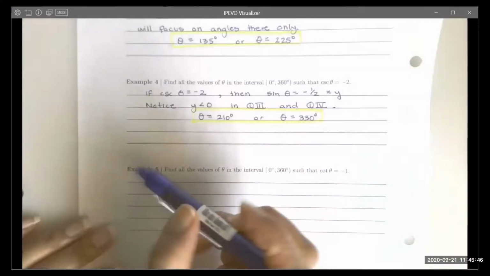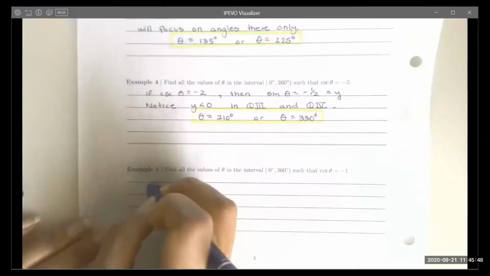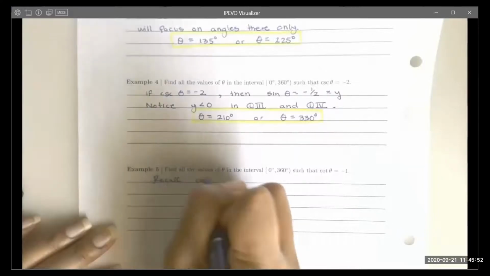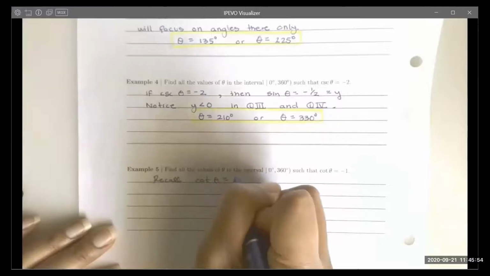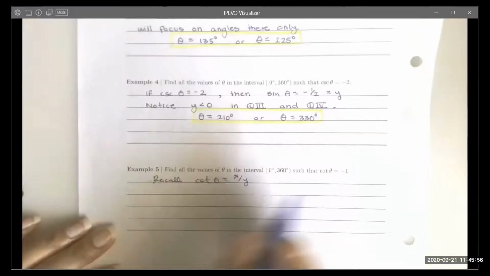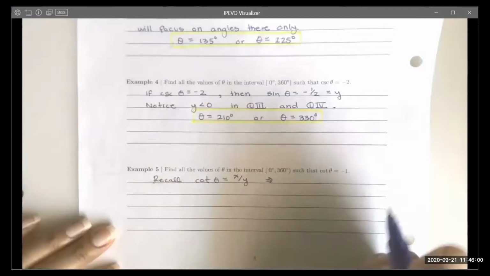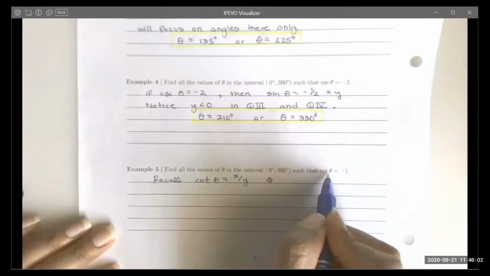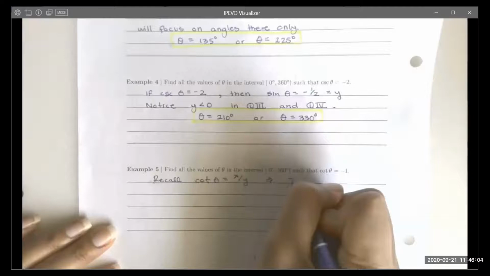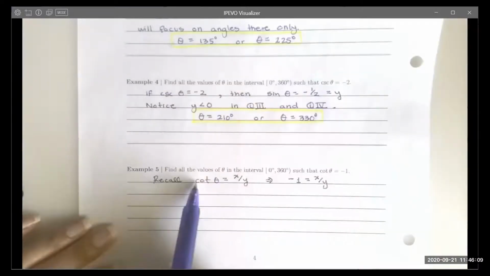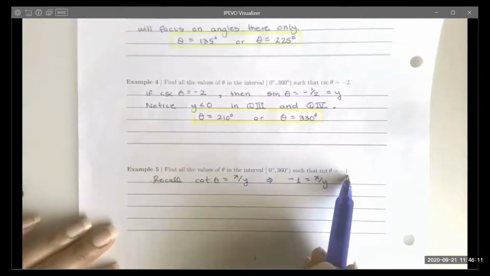Recall that cotangent of theta is x over y. And so that means that we want cotangent to be -1, which means we want -1 to equal x over y. I'm simply replacing cotangent with that value because that's what it's equal to.